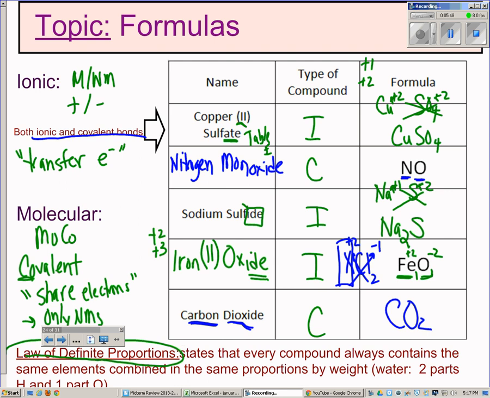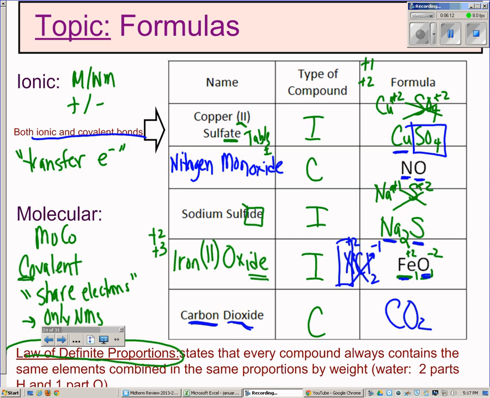and covalent bonds. Well, if I look at the ionic compounds, this one, iron 2 oxide, has a metal and a nonmetal. It's only ionic. And sodium sulfide has a metal and a nonmetal, only ionic. But if you look at copper sulfate, it has a metal and a polyatomic.